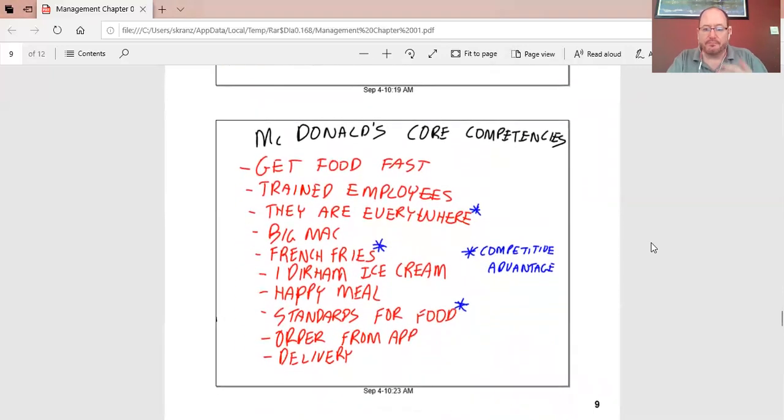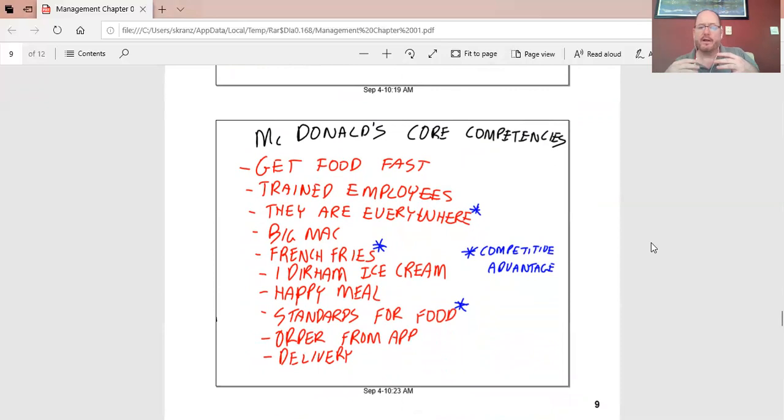So I had the class come up with the core competencies for McDonald's. And these are the things you said: that they get food fast, that they have all these things. We brainstormed this in class. Not all of them are necessarily competitive advantages. There are places that are as fast as McDonald's.